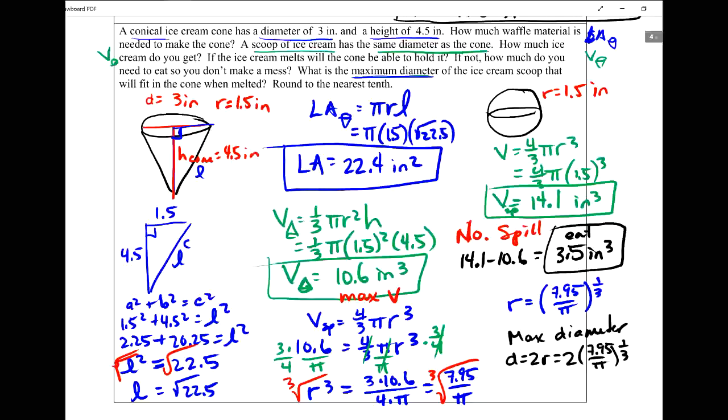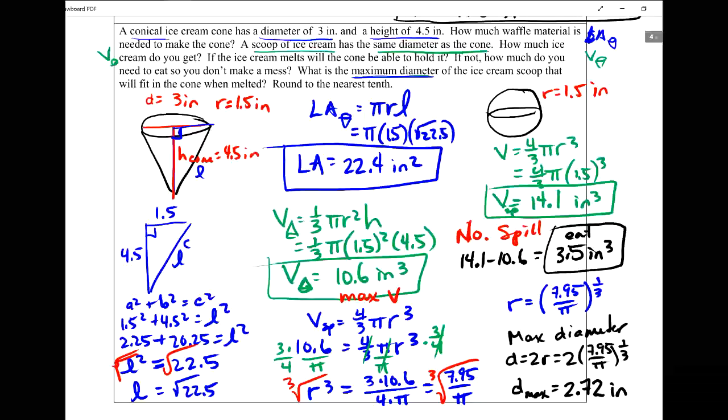Divided by pi raised to the 1/3 power times 2. And our diameter max to melt into our cone is 2.72, and our unit is inches.